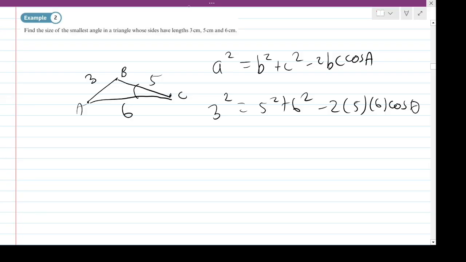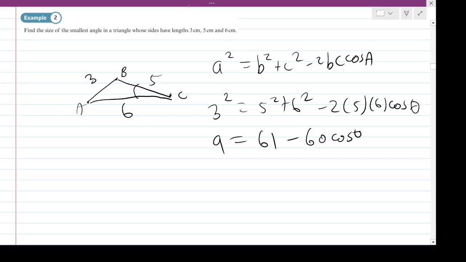So, well, 3 squared is 9. And then 5 squared and 6 squared, that's going to be 61. Take away 2 lots of 5, lots of 6, so minus 2 times 5 times 6 is minus 60 cosine of theta. So then I can just get cosine of theta.